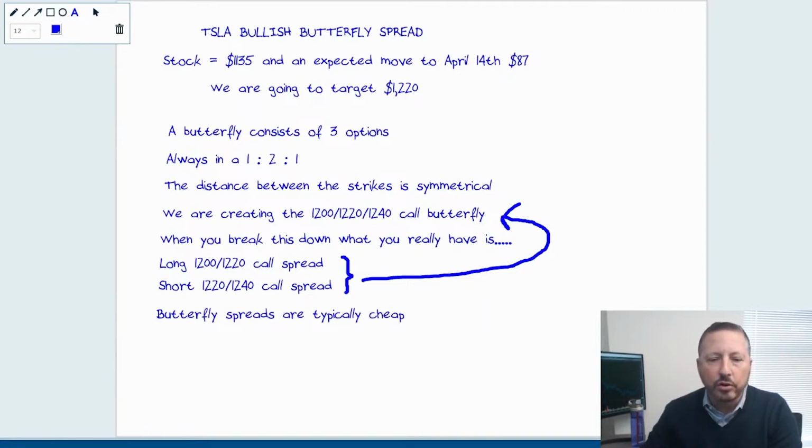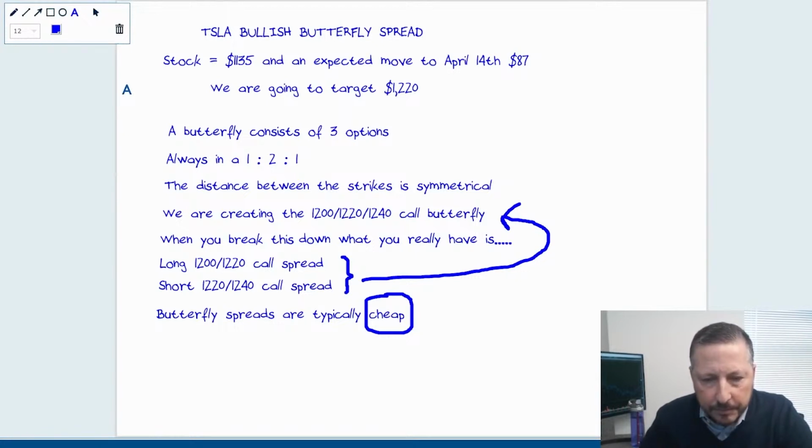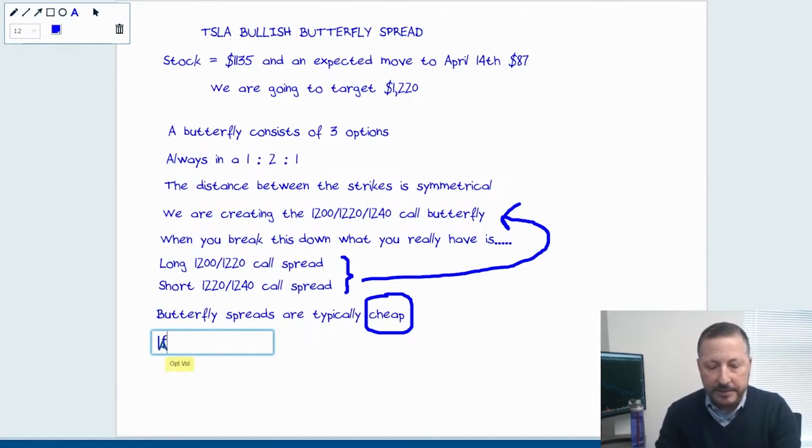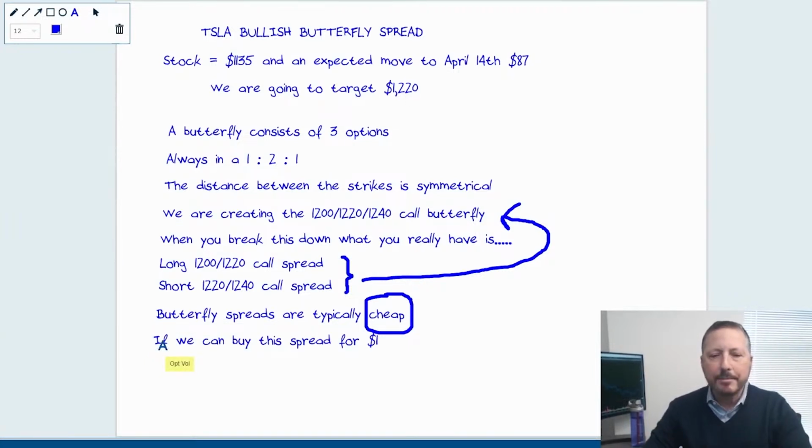How do we measure expensive or cheap? Well, we have to measure that by the reward to risk. So when I say this is cheap, if we can buy this spread for $1, what is the maximum value of this particular butterfly, the 1200, 1220, 1240?